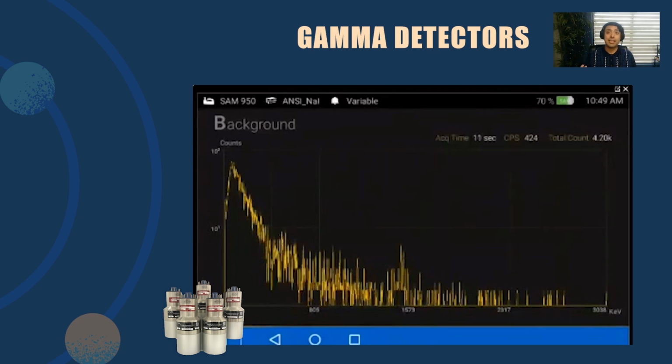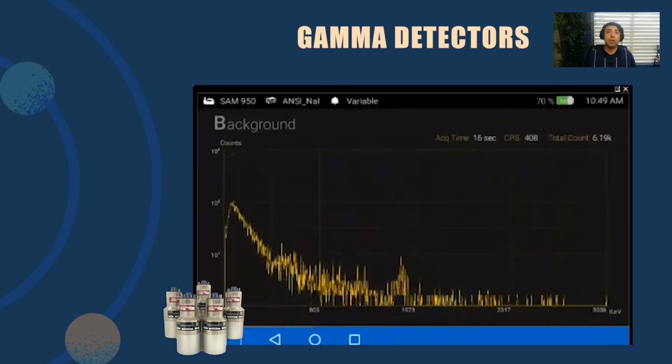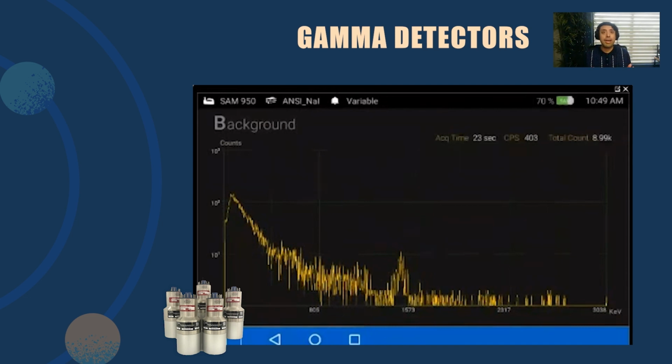We have CLYC, cesium lithium yttrium chloride. CLYC detectors can discriminate between gamma rays and neutrons, making them highly valuable for applications in nuclear security and neutron gamma discrimination. LaBr, lanthanum bromide, is known for its high resolution and efficiency. Lanthanum bromide detectors are ideal for high precision applications, including research and specialized industrial use.